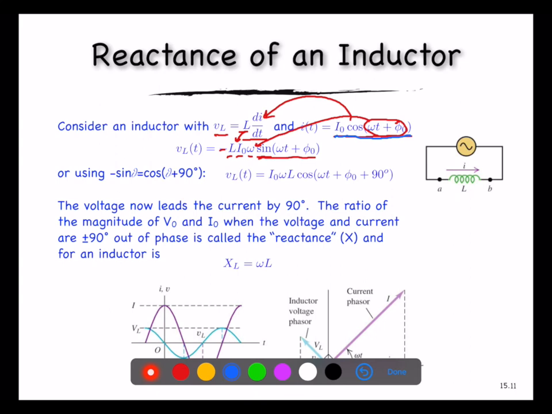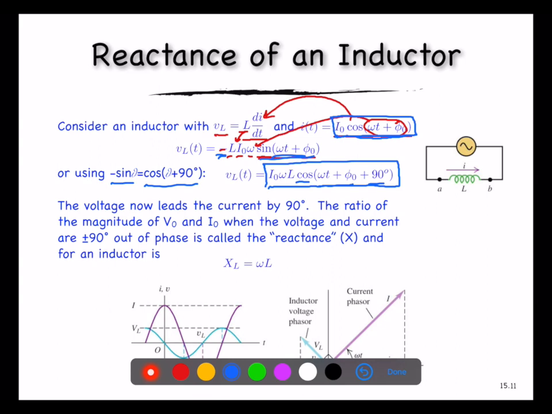So we can use the fact that minus sine is equal to cosine plus 90 degrees. So we can replace the minus and the sine with cosine of our original argument plus 90 degrees. And in doing that, we now have an expression that we can write as a phasor and compare to the current written as a phasor.